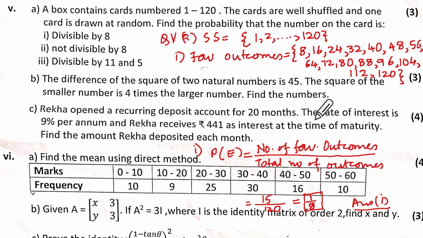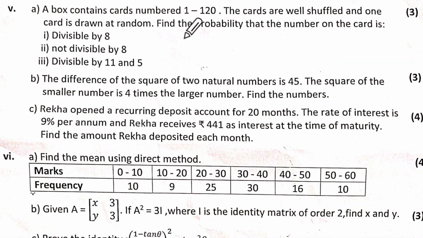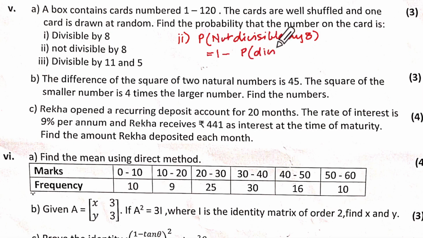I can see lots of you doing shortcuts for questions of probability. Now, not divisible by 8. So you are going to say probability not divisible by 8 will be equal to 1 minus probability divisible by 8.